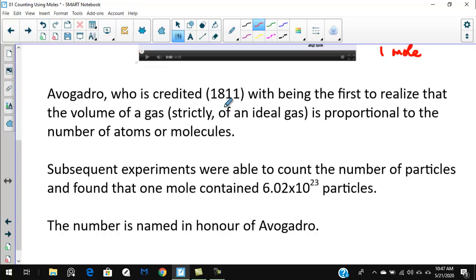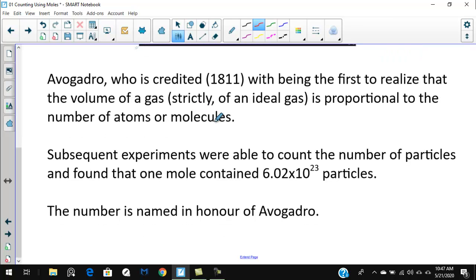His work was somewhat ignored because we hadn't even come up with a coherent idea of what an atom was in 1811. So counting particles of gas was kind of a strange and new idea. But his work piled on with other people's work over the successive 100 years and came to this number of 6.02 times 10 to the 23rd.